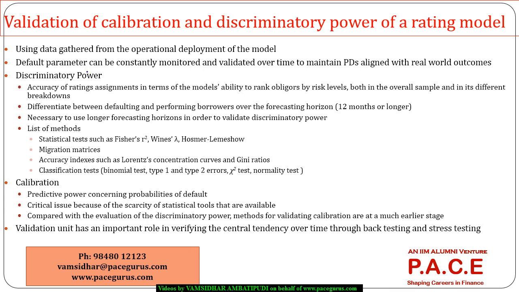Now this is where I have to talk about the discriminatory power of the model. I'm talking about the accuracy of the rating assignments. Whatever rating task we have done, I am focusing on the accuracy of that rating assignment, wherein the model needs to have the capacity to rank the various borrowers based on their risk levels.